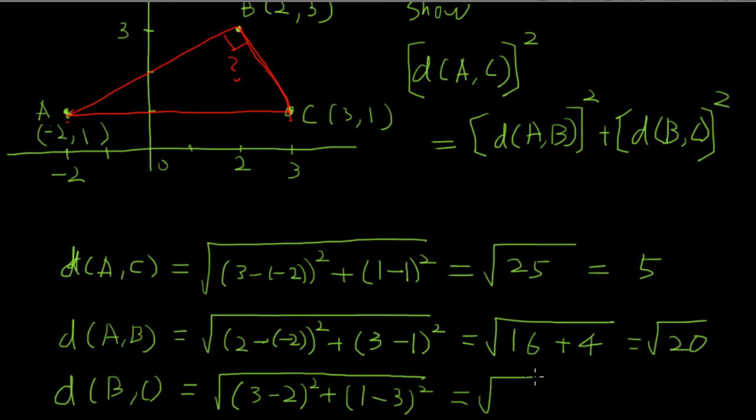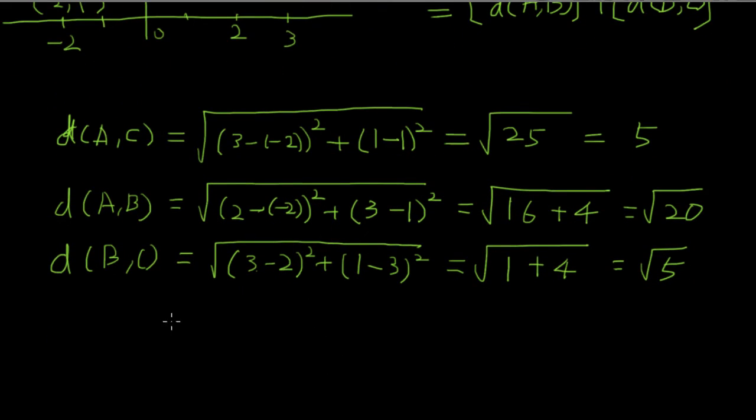So what would this be? This would be 1 squared, which is 1, plus negative 2 squared, which is 4, so the square root of 5.